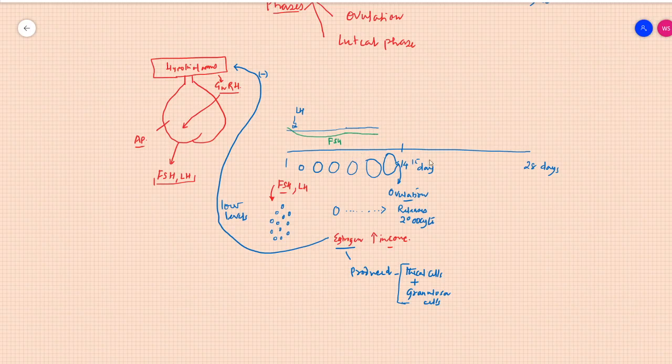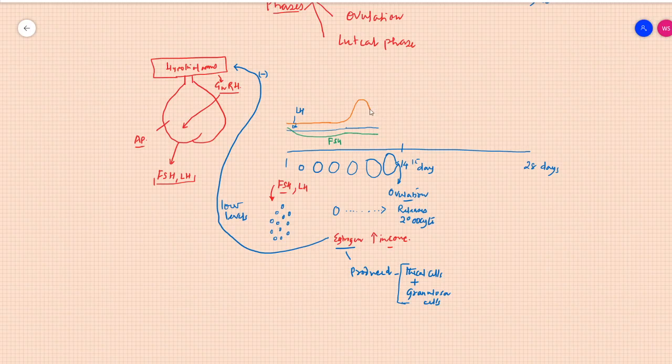So let us look at the level of estrogen. Initially it was kind of low, and then, as the size increases, it is releasing more and more estrogen. So there will be an increase in estrogen. After ovulation happens, these granulosa cells do not produce any significant amount of estrogen till it becomes a corpus luteum.